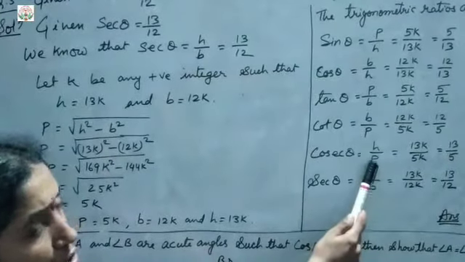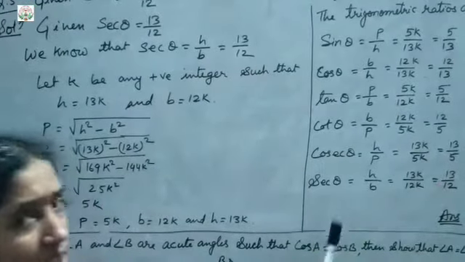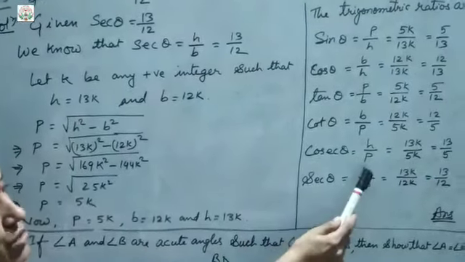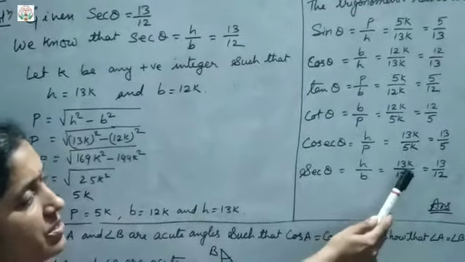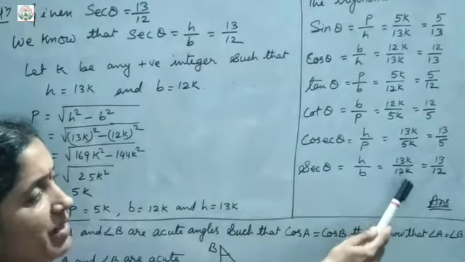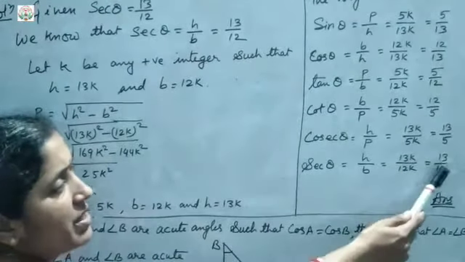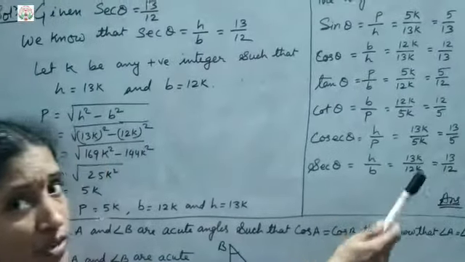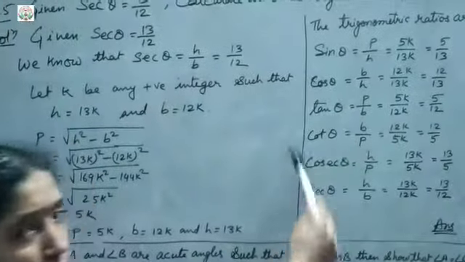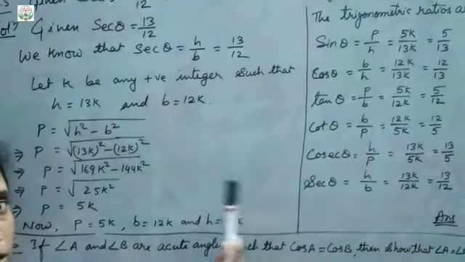That is H upon P. Same way sec theta equals H upon B. H is 13K and B is 12K, K gets cancelled, and we get 13 upon 12. So these are the trigonometric ratios for this question.